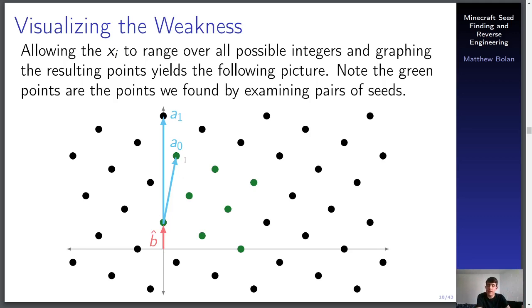And we have a0 and a1, which are the vectors such that, when we look at the set of some integer times a0 plus some integer times a1, letting those range over all possible integers, we can generate every point in this picture.